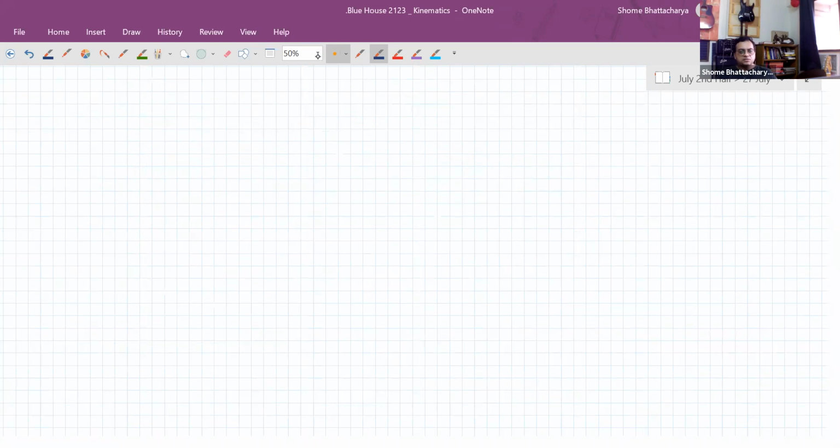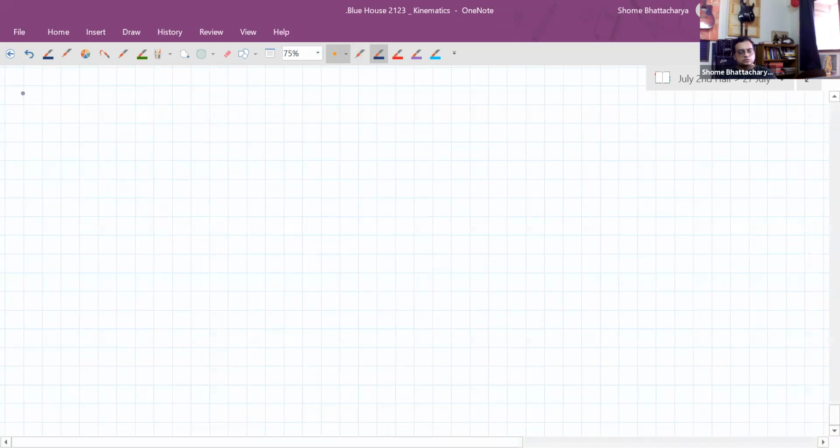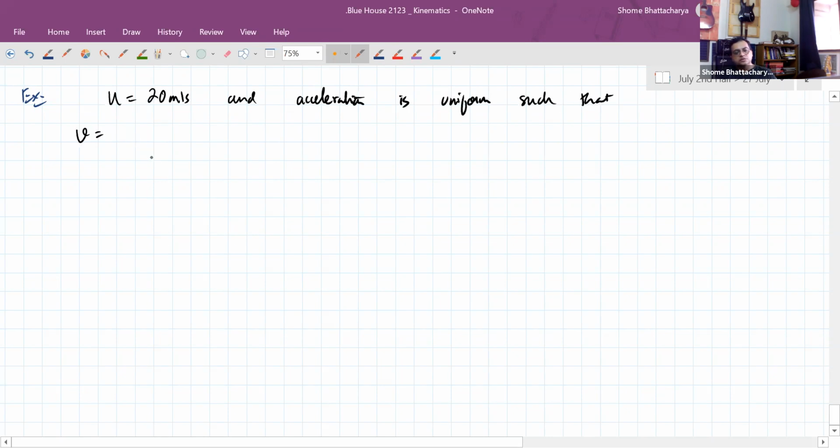Okay, so let's look at an application example or two. We have something like this: the initial velocity of something is, let's say, 20 meters per second, and the acceleration is uniform such that v is equal to, let's say, 40 meters per second at an instant when the displacement is equal to 120 meters.